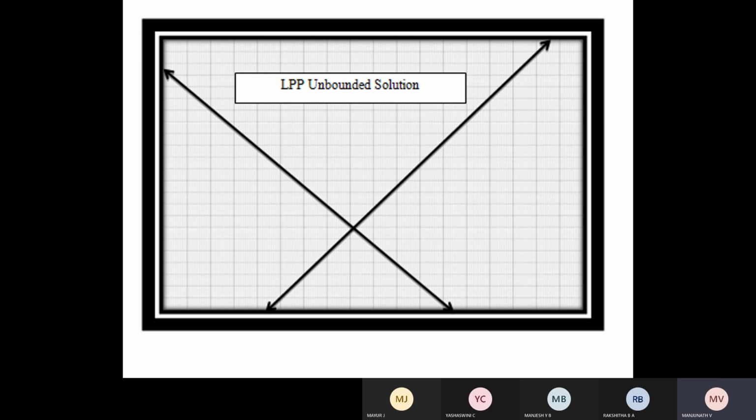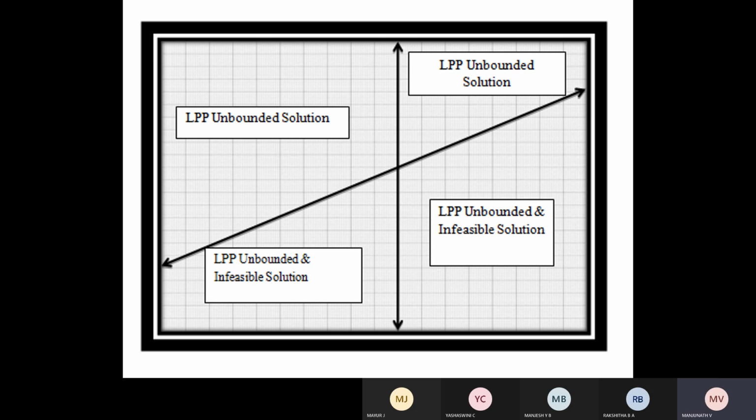Understood? Take this graph also, and this graph too. This is now the best example of LPP unbounded infeasible solution. Write down this graph also, all of you.